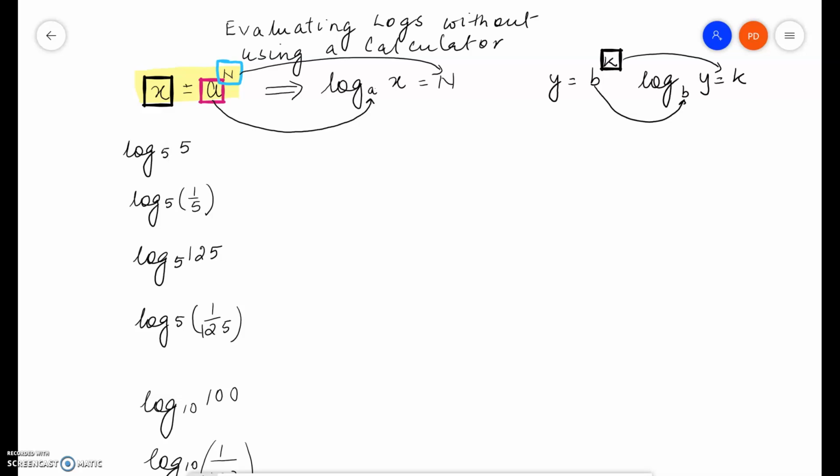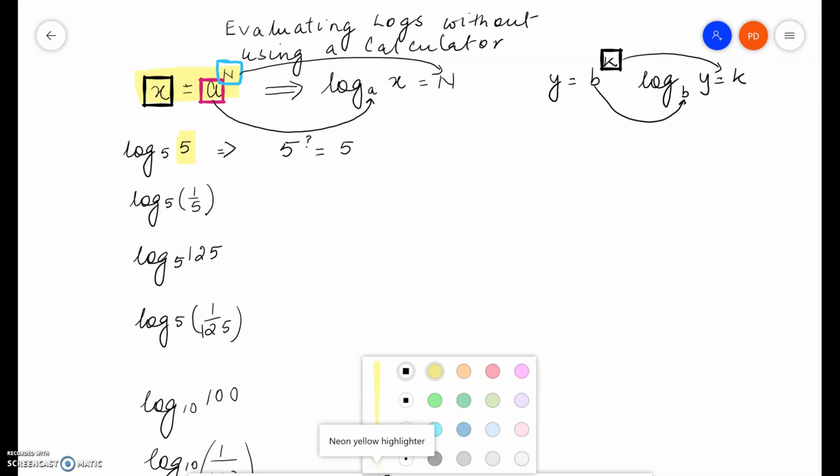So let's look at a few examples. We've done many examples in class. You can look at those as well, but let's look at this. Log of 5 to the base 5. So let's write this in the exponential form. The base 5 to the what is equal to the number 5.